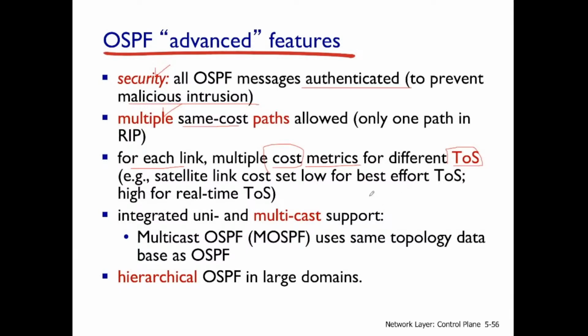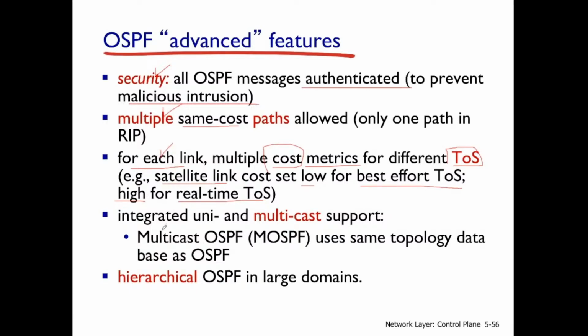For example, if we are trying to serve best effort traffic, meaning traffic that does not require timely delivery, so the receiver can wait longer, then the cost of a satellite link, whose delay is longer, can be set lower, right? Because you would then prefer using the satellite link if the data does not require timely delivery. On the other hand, if the data is real time, then set the satellite link cost high. Therefore, we avoid choosing the satellite link along the path to deliver the real-time data.